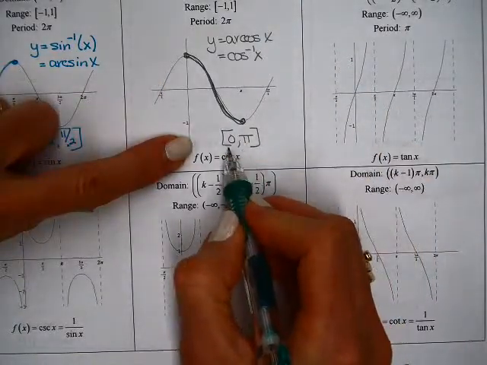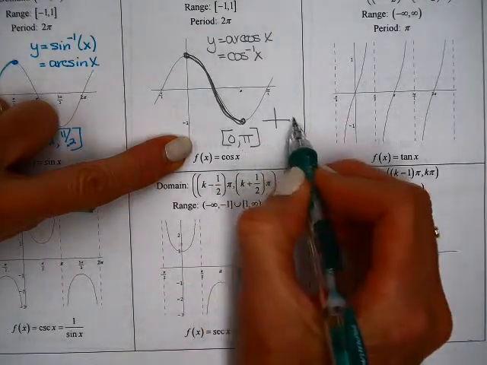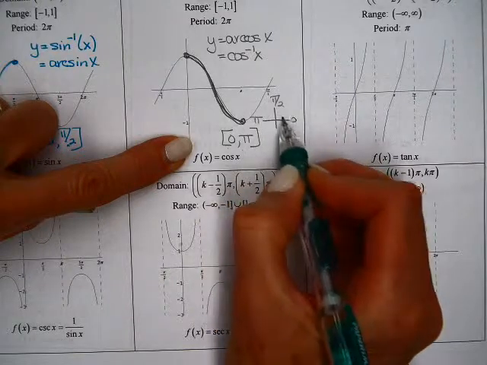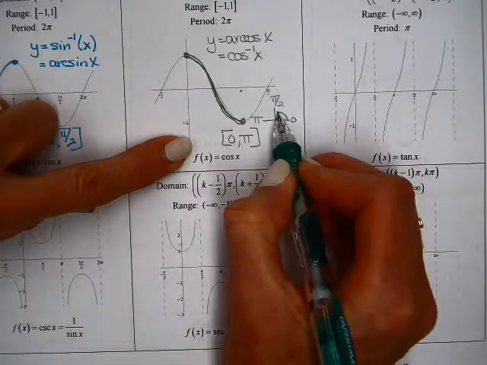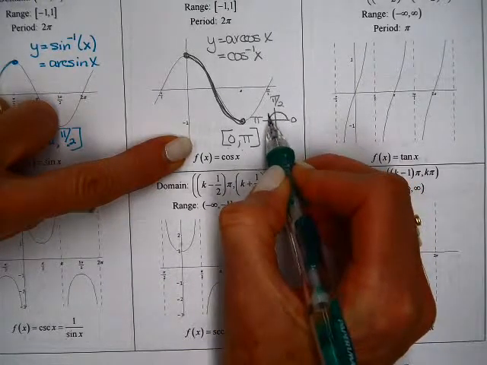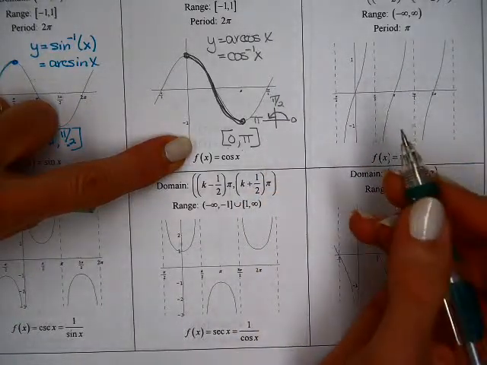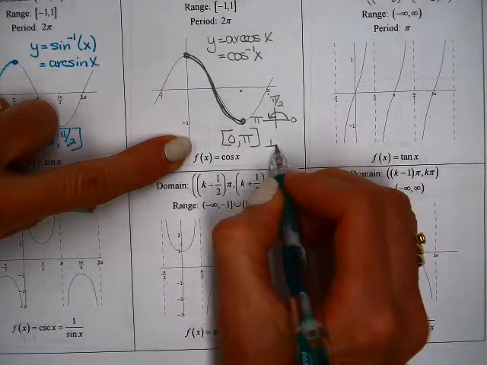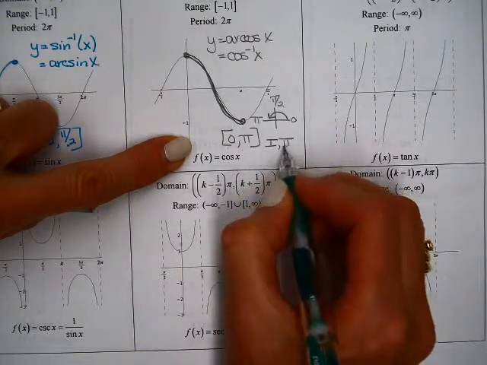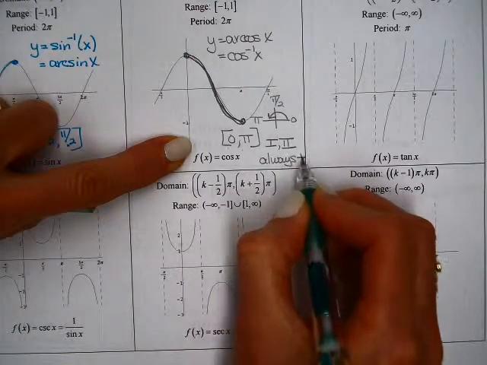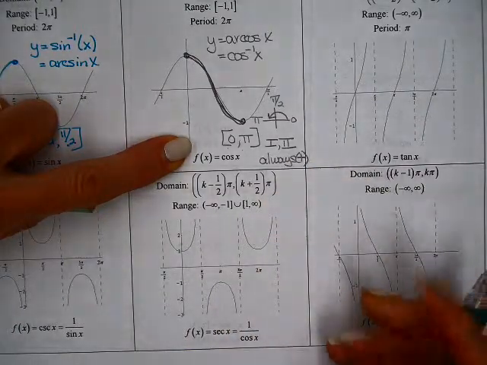These angles between 0 and pi, this is 0, this is pi over 2, this is pi. That means your angle is either going to be in quadrant 1 or quadrant 2, and they are always positive here. Your angles are always positive because you're rotating in a positive direction.